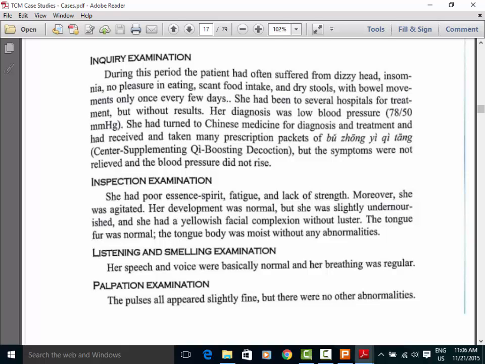Tongue body was moist without abnormalities. Her speech and voice were basically normal. Pulses were slightly fine, which is also thin, but there were no other abnormalities. So a thin pulse indicates... Good.